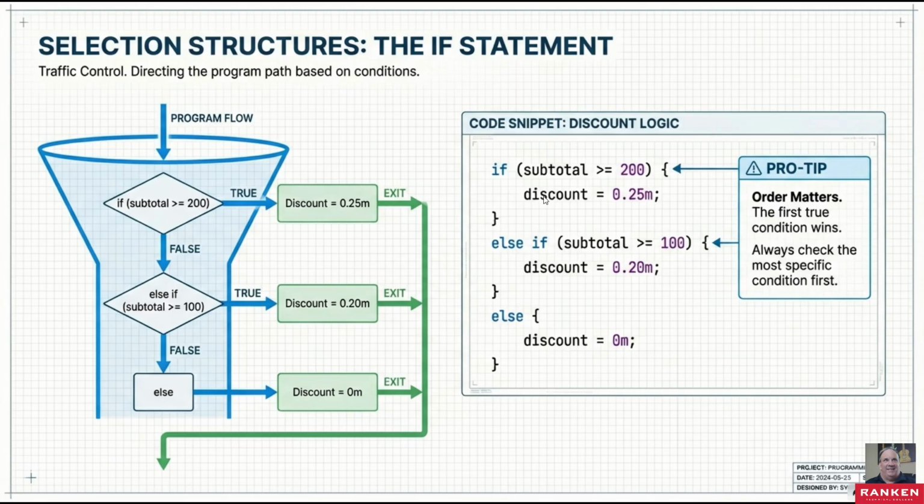So even though this was true, and this is what you wanted, this would end up getting overwritten here without the else. If you have an else, this won't even be executed unless this didn't execute. And we'll look at some examples on that.